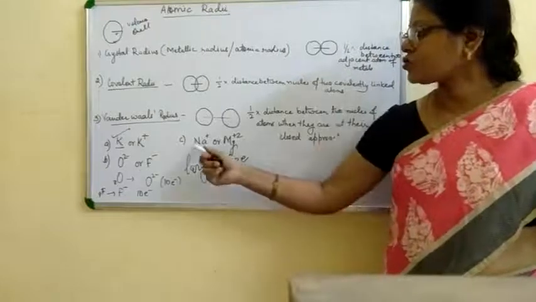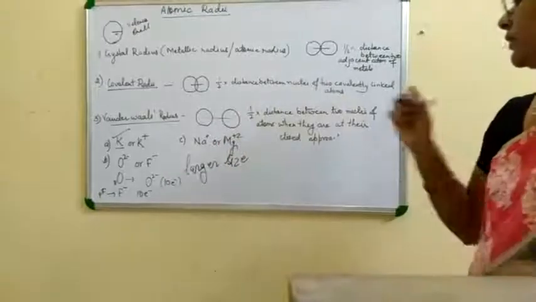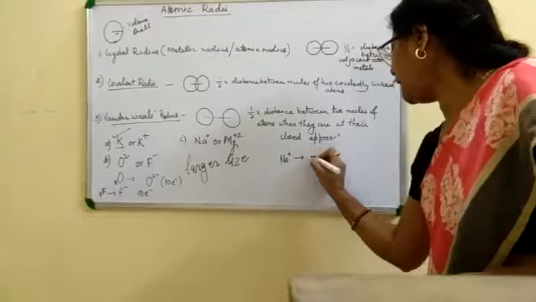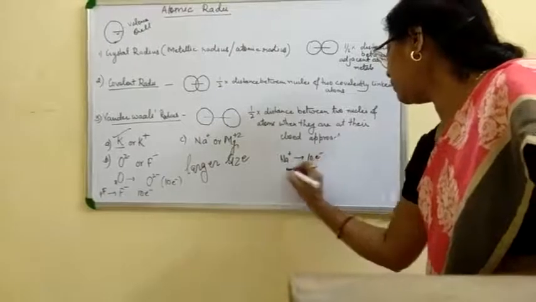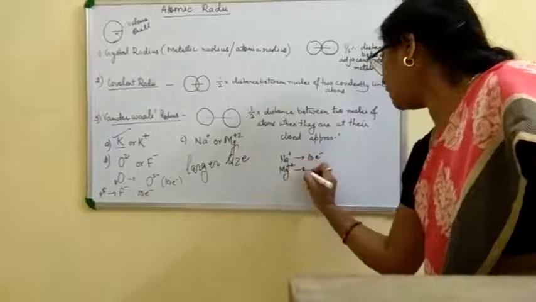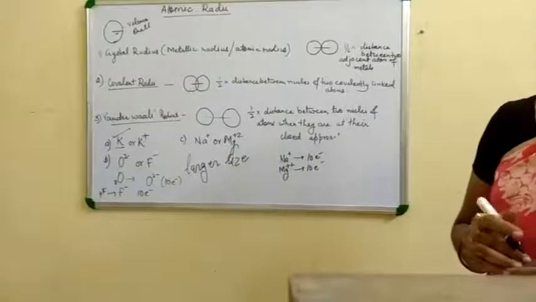Next is sodium ion and magnesium ion. Sodium 11, by losing 1 electron, has 10 electrons. Magnesium, by losing 2 electrons, also contains 10 electrons, means they are both isoelectronic.